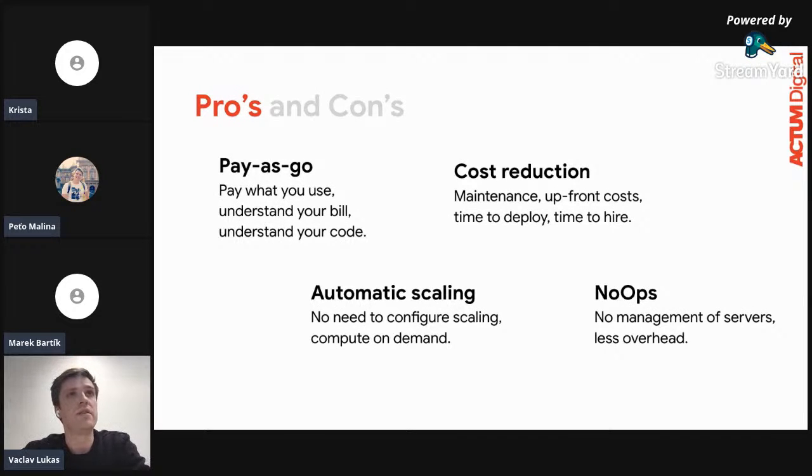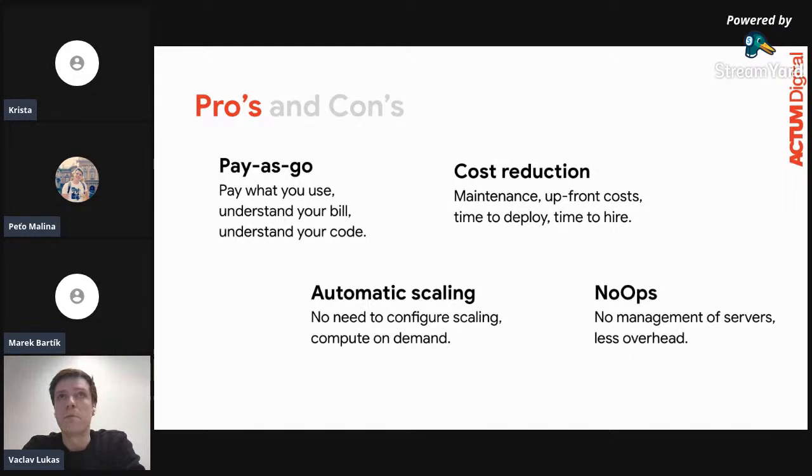There is a great deal of automatic scaling that comes with serverless, because you don't need to configure the scaling. The serverless service does it for you. You basically get the compute on demand. So you don't need to specify the scaling setup, which is a usual DevOps task. And as I said, really the people are the most pricey thing about the whole development there.